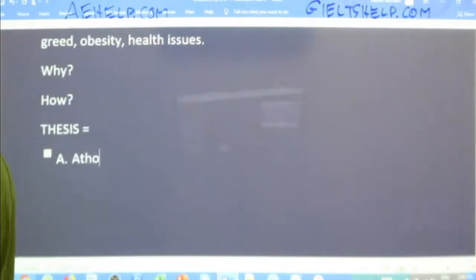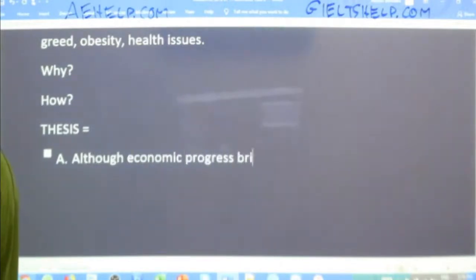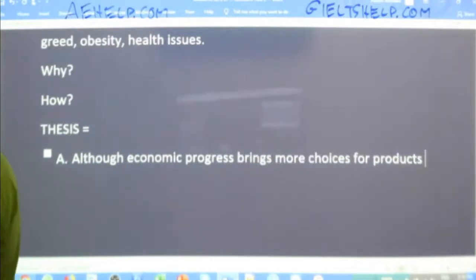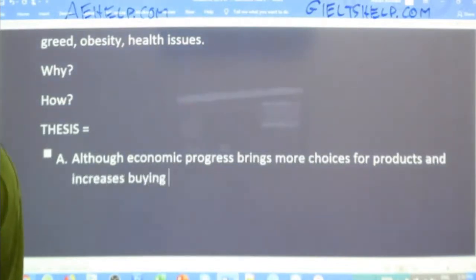So Marwa says, although economic progress brings more choices for products and increases buying power. Careful with your parallel grammar form, Marwa.